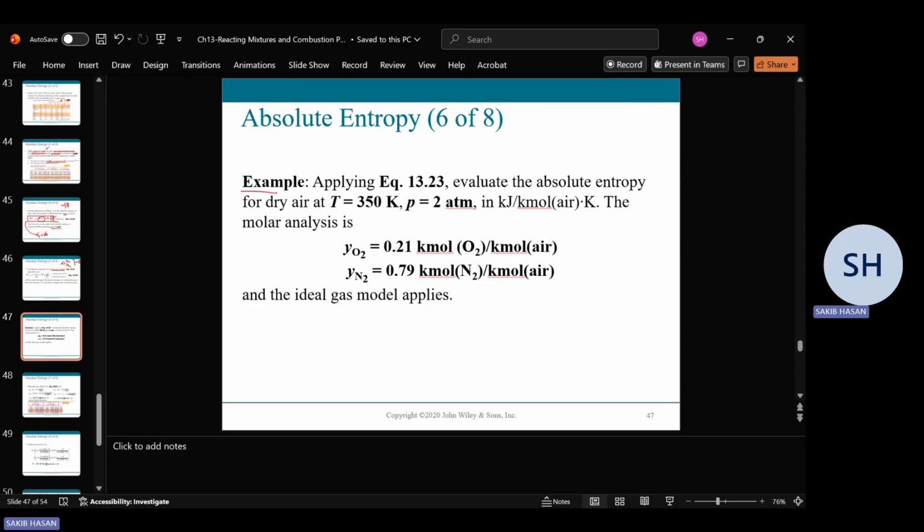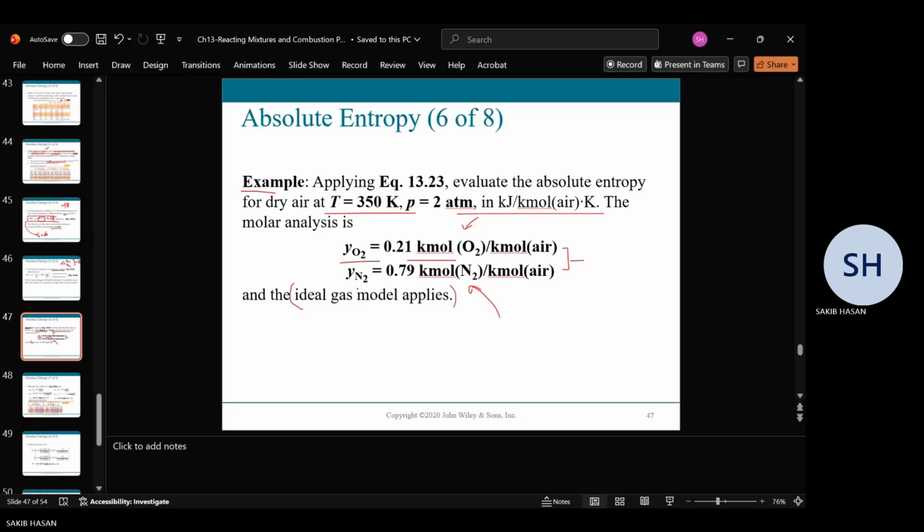And so this here is an example of a basic calculation that we can do. This just so happens to be y, which is the proportion of oxygen that's being used, and the proportion of nitrogen that's being used, relative to one another. And in this case, we're saying that the ideal gas model applies.